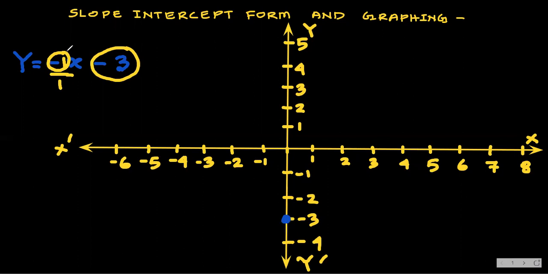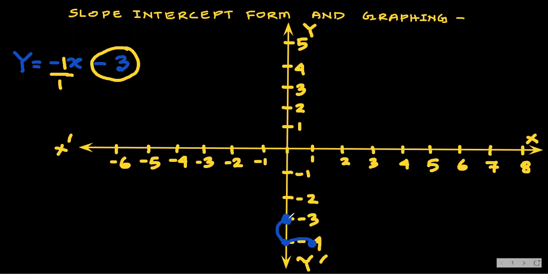So it's a -1, right? -1 means from here we need to go down 1, because it's a negative number. Now, the denominator is +1. +1 means we need to go 1 unit to the right because it's a positive number.